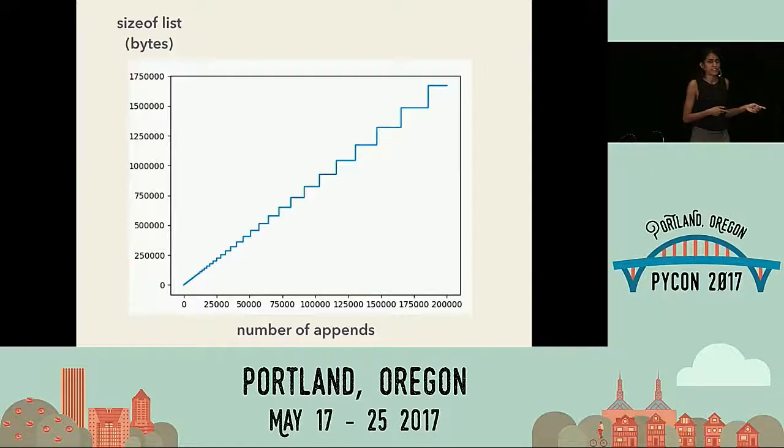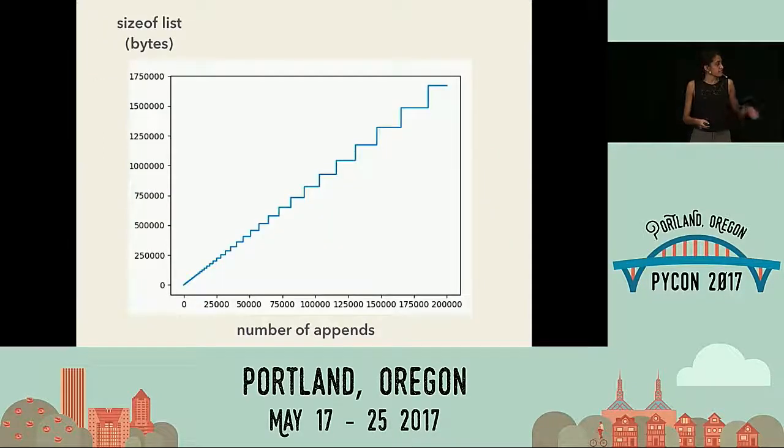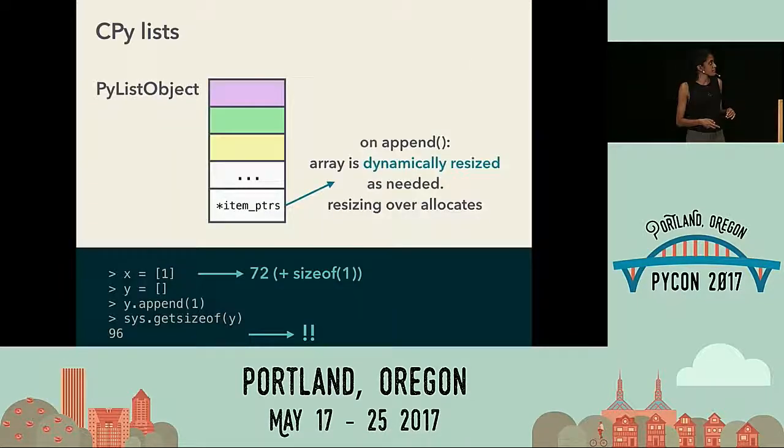So what is going on there? Well, it turns out that CPython dynamically resizes arrays on append operations. It doesn't do this on every append. It does it to amortize the costs of a resize. So for example, the jumps are the resizes, but at the resizes it over-allocates, and so the line stays flat for a bit until the next resize.